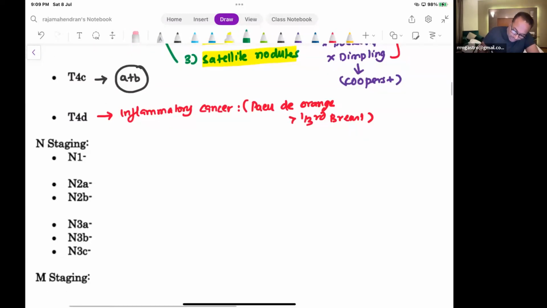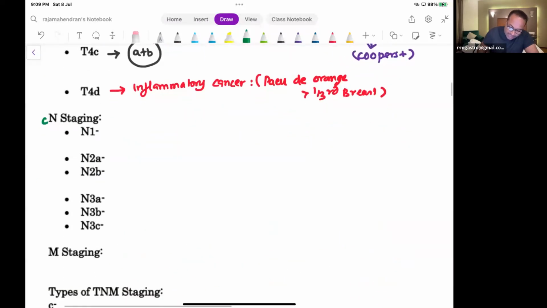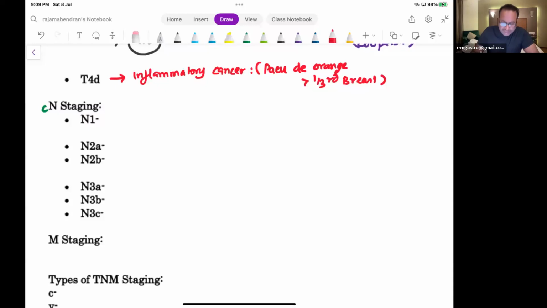So then coming to clinical N staging. Whatever I'm discussing now is clinical T staging, clinical N staging. Easy, very simple, don't mug up, you just remember mobile axillary nodes is N1. N2A is fixed axillary nodes. That's all.